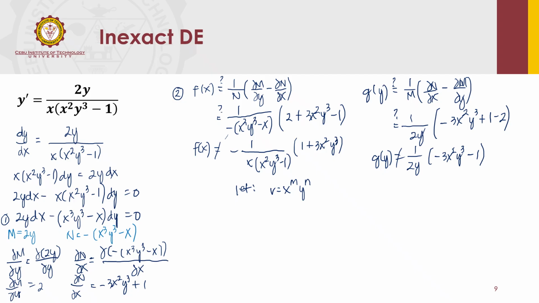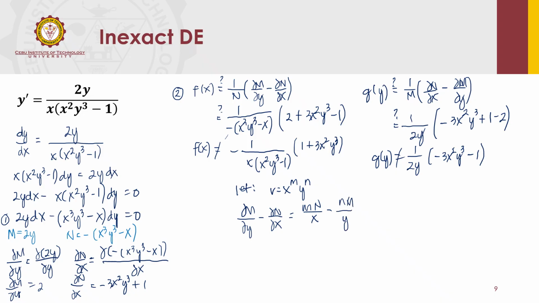So we're going to copy this expression from the solution above and equate it to m times N over x minus n times M over y.